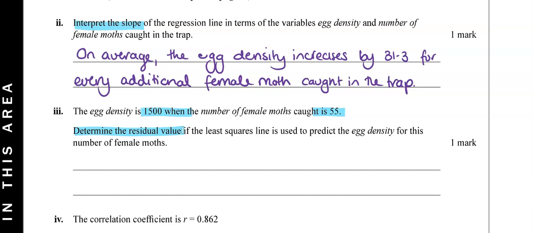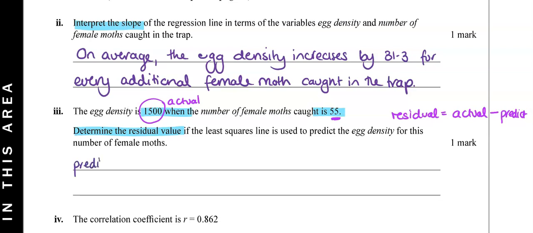So again, with our residual, we need to remember our residual value is the actual, in this case, the RV egg density, minus a predicted egg density. So we have the actual value here at 1,500. And so we need to make a predicted value for this point of reference of 55 female moths.